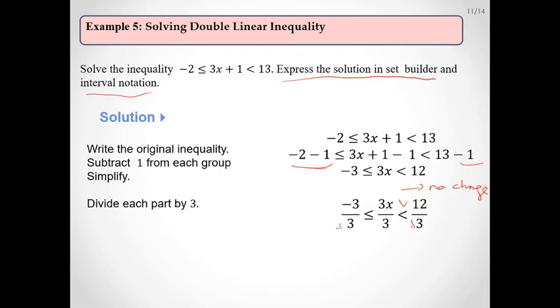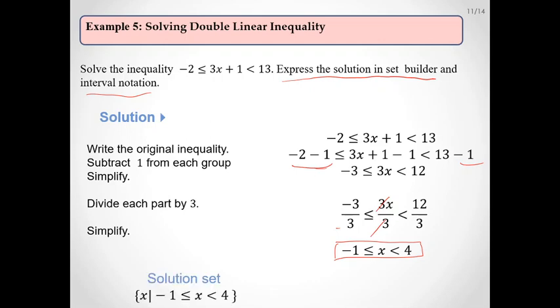Okay. Then there will be the cancellation, and we end up with this. X is bigger than or equal to -1 and less than 4. So this is, in set builder notation, you can write this way.